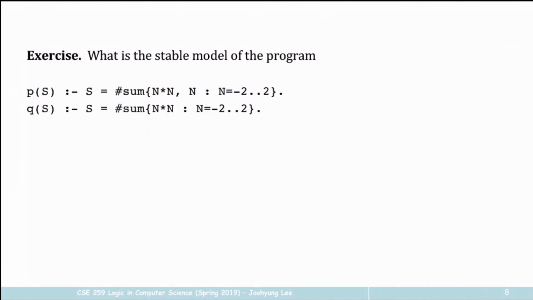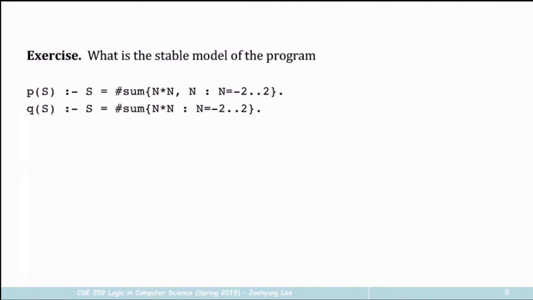Okay, so let's do this together. Q of S, let's do this first.